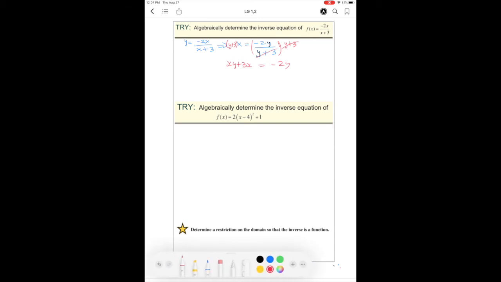Okay, so this is where we have to gather up the y's. So I'm going to bring this y to join that y, and this one doesn't have a y, so it's going that way. So I'm collecting the y's to one side. Now you notice that there's two y's, so we're going to factor out a y, because we want one y.